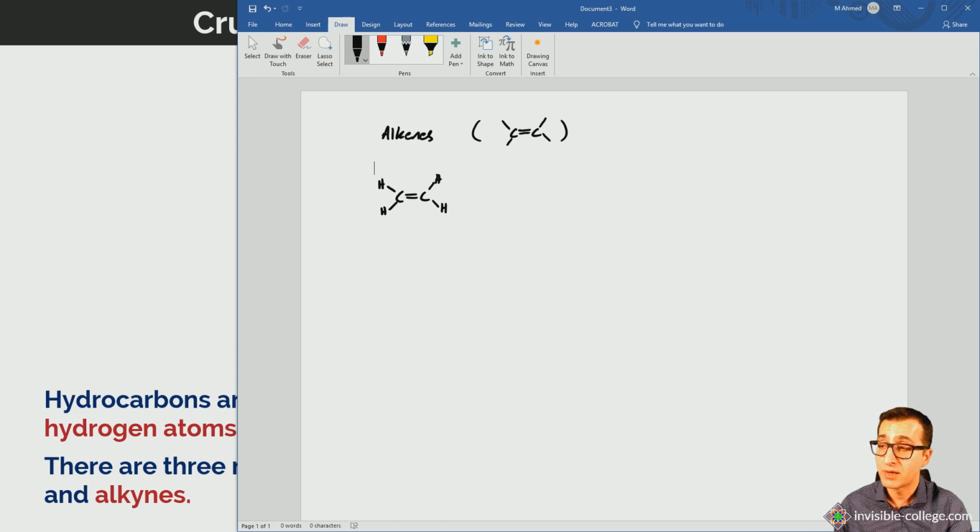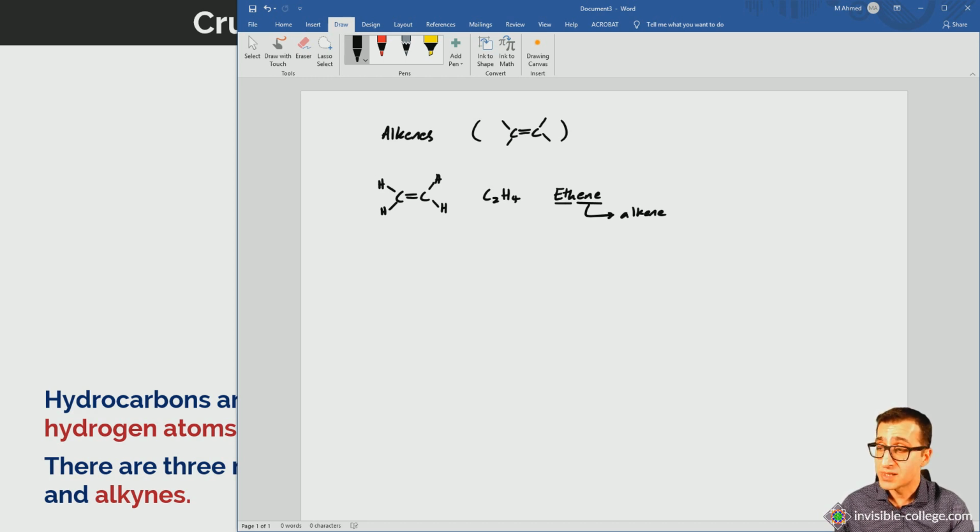So the molecular formula of this is going to be C2H4. This would be its displayed formula. And again, a displayed formula shows every atom and every bond in the molecule as a diagram like this. So this is named ethene. So here we see a different suffix, ene, and whenever you see this, you know you're dealing with an alkene. And as we saw before, eth as a prefix means 2 carbons, and we can see that here.